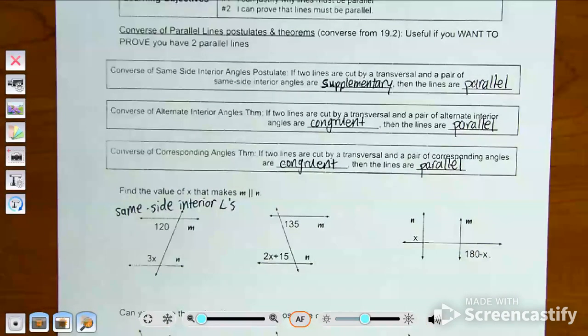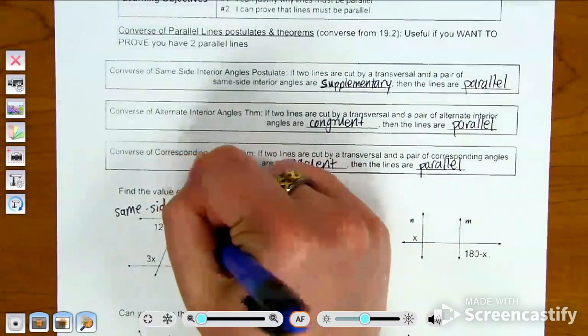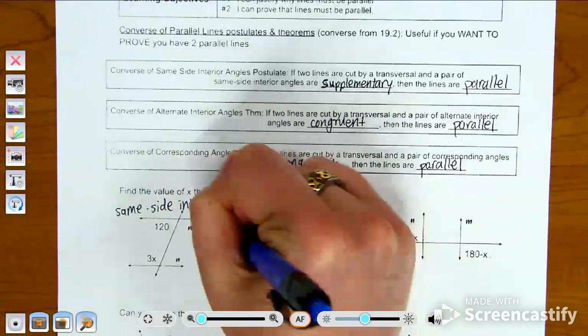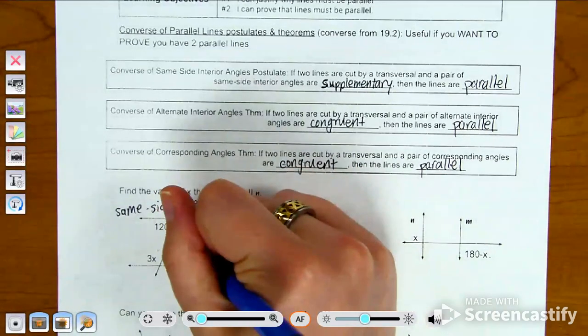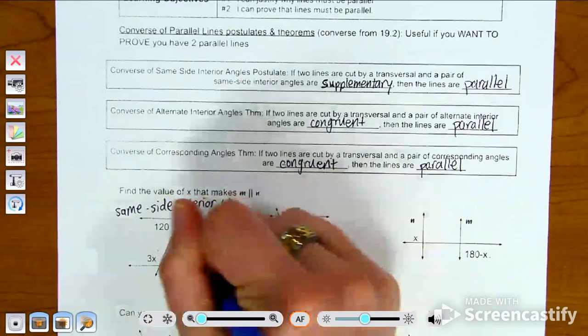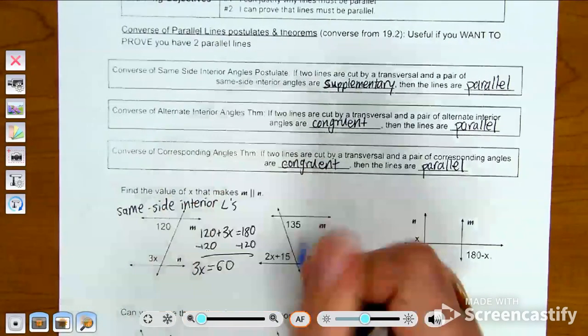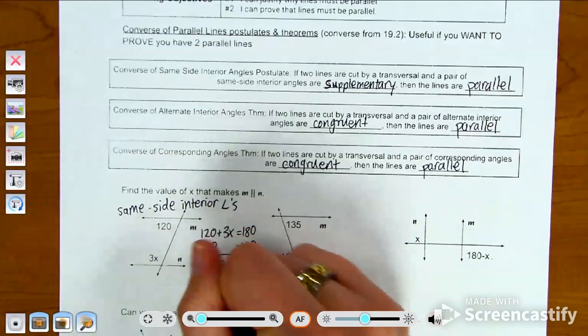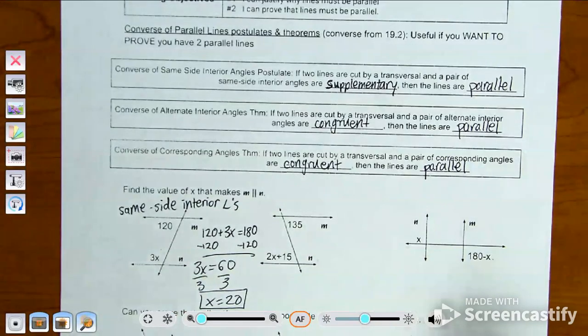So we can write an equation where these angles are supplementary. To do that, we add them up and set them equal to 180 degrees. If we solve this, subtract 120 from both sides, we get 60 equals 3x. Divide by 3, and x has to equal 20.